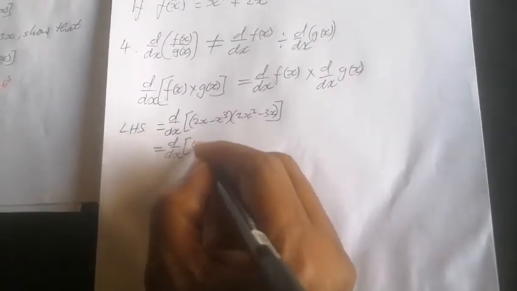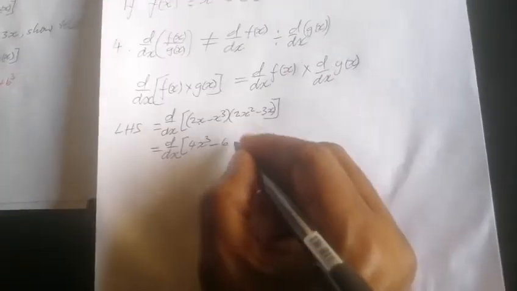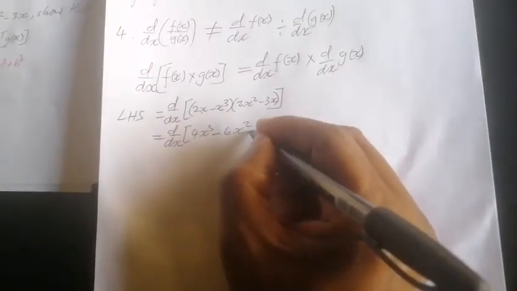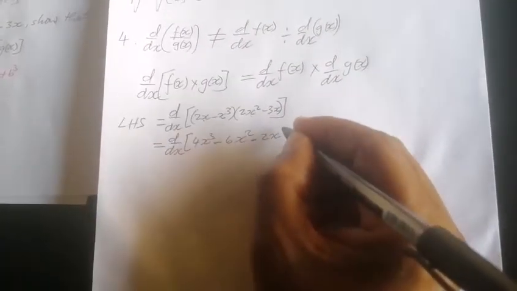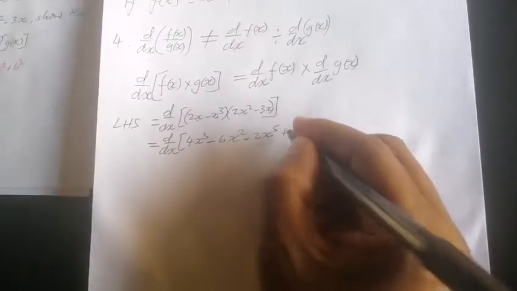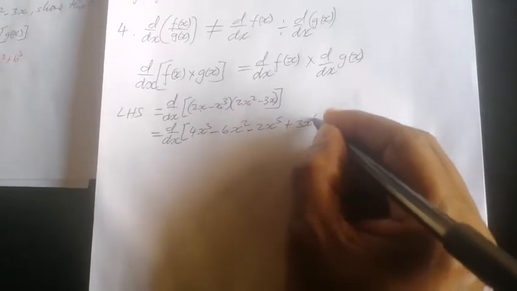This times this will give us 4x cubed. This times this will give us minus 6x squared. This times this will give us minus 2x to the power 5. This times this will give us plus 3x to the power 4.